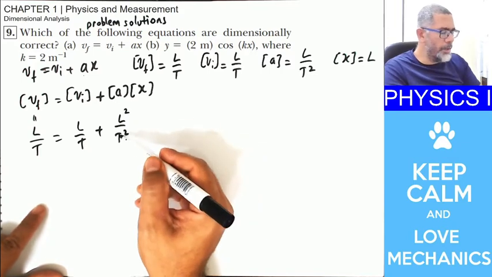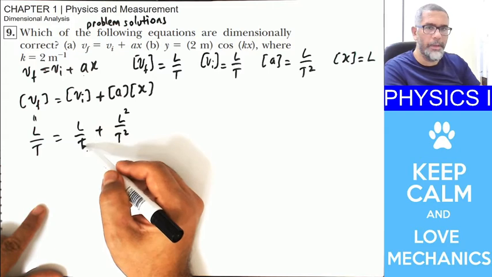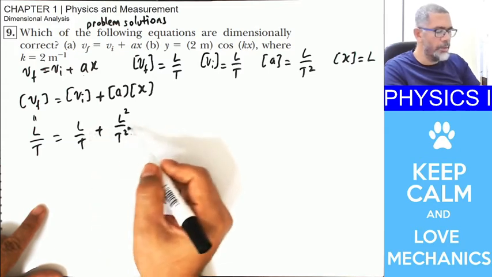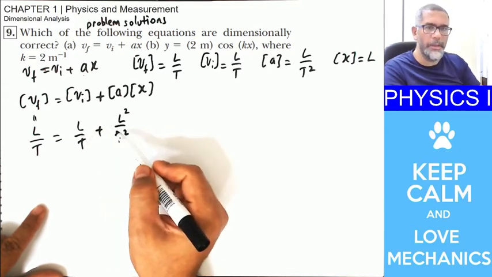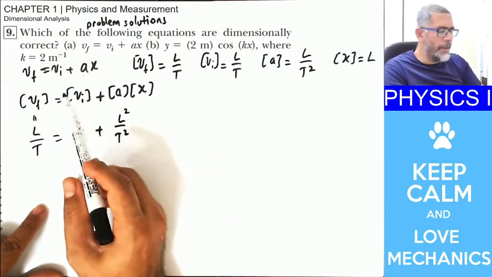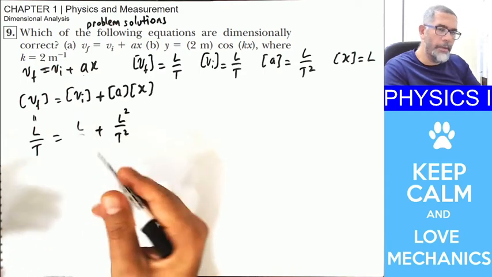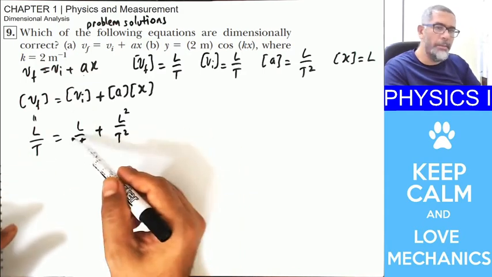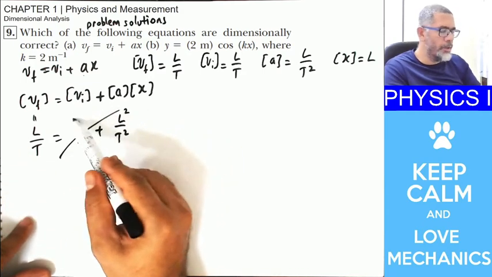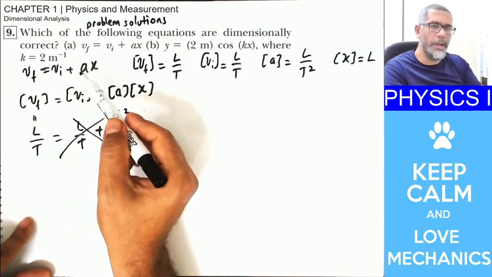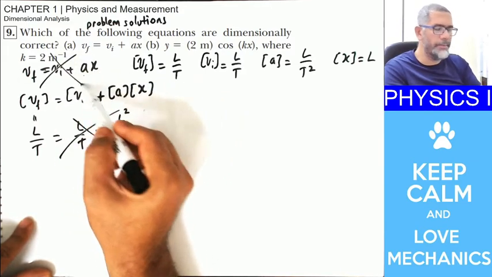But L squared divided by T squared dimensionally is not equal to L divided by T, right? So these two expressions cannot be added. That means we don't know whether this equation is physically correct or not, but at least we are sure that dimensionally it's not correct. So this equation cannot even be physically correct.